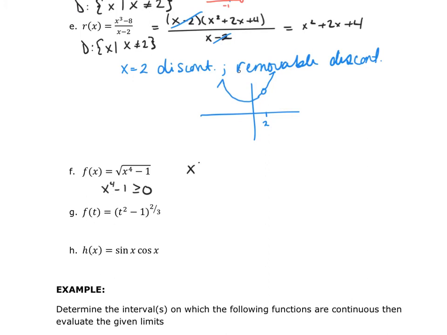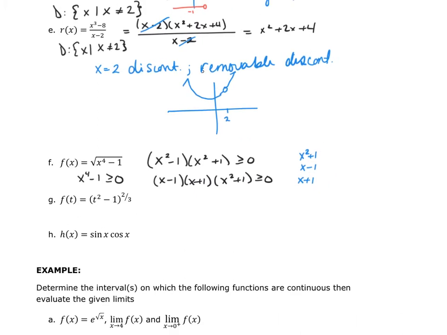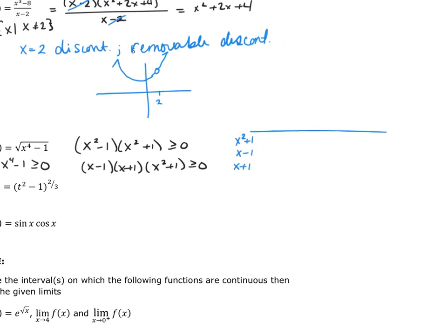This factors into x squared minus 1 multiplied by x squared plus 1 is greater than or equal to 0. So x minus 1, x plus 1, x squared plus 1 is greater than or equal to 0. Now we're going to do the sign chart where I've got x squared plus 1, x minus 1, x plus 1. I'm going to do the sign chart back from what we learned in pre-calc 1.